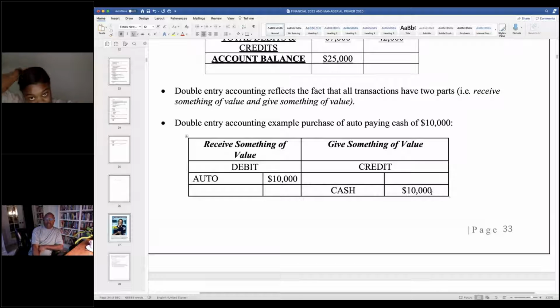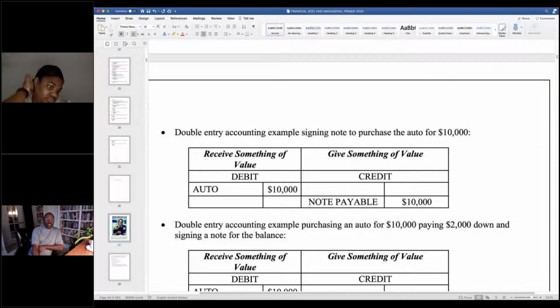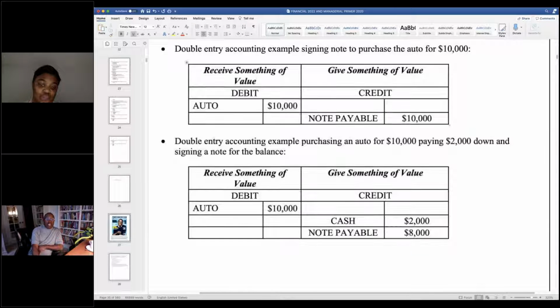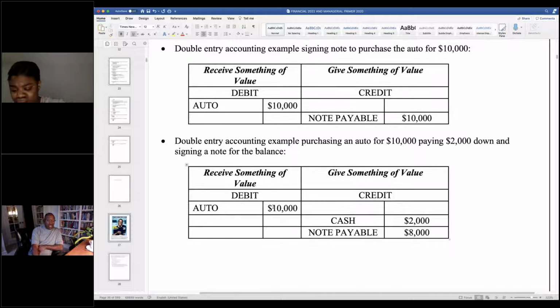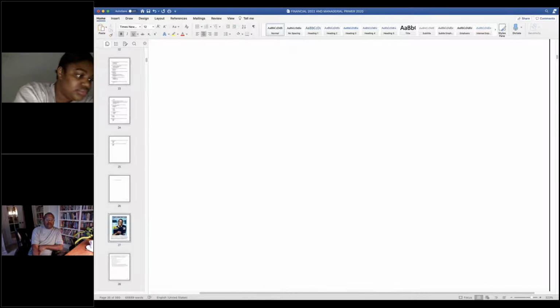What you gave up is the credit. Here we bought the car for cash. You could have also bought the car with a note. Still got a car, but now what you gave up is the note. And finally, you could have paid something down and signed a note for the balance. So now you still got that same auto, but your cash is credited $2,000 and notes payable for the balance. Debits always must equal the credits.